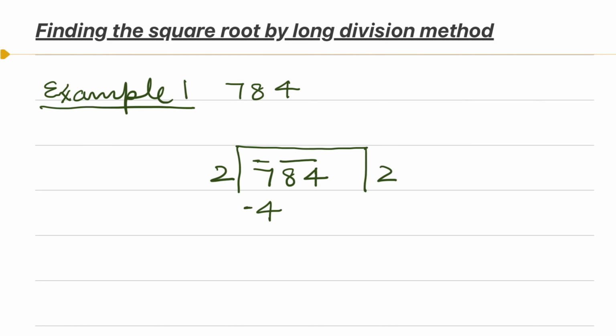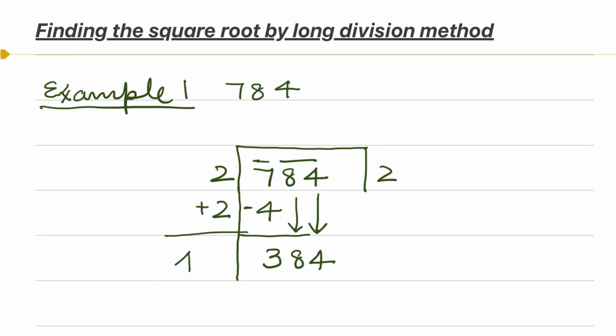So I get here 3. And here I'll take down both these two digits. So we have to take down the numbers in pairs. So I get 384. Now on the divisor side, I have to add the same number here. So this becomes 4.